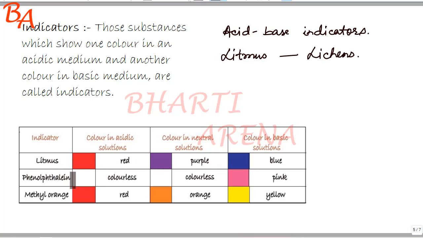Phenolphthalein is colorless in acidic solution and also colorless in neutral solution, but phenolphthalein shows pink color in basic solution, while methyl orange shows red color in acidic solution and in neutral solution its color is orange, like this one, and in basic solution methyl orange has its color yellow, like this.